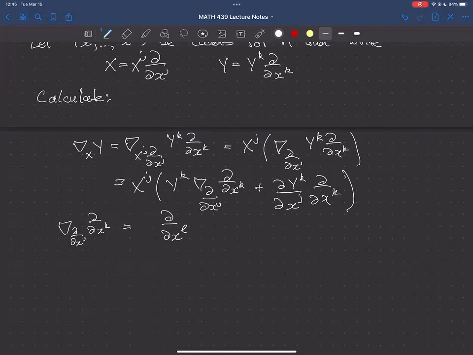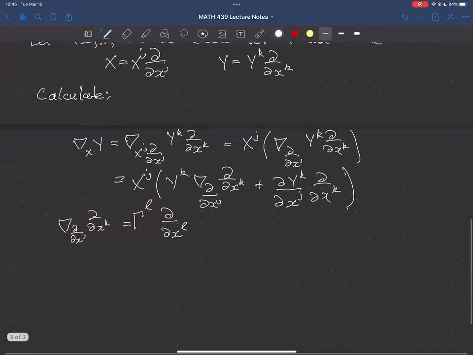Okay, so I have some coefficients in this linear combination, and I'm going to call those gamma. Gamma will have an L component, so gamma L. But then I know also that gamma is going to depend on j and k, because it depends on which basis vector fields I plug in here. And so I get a j and a k there.